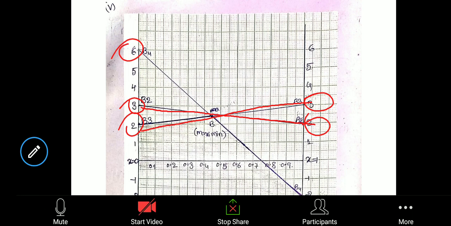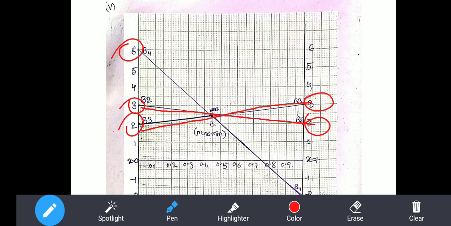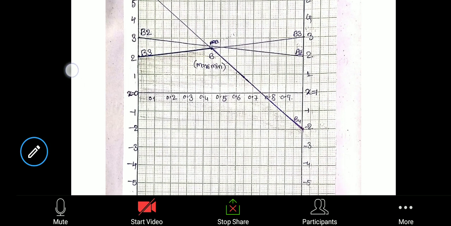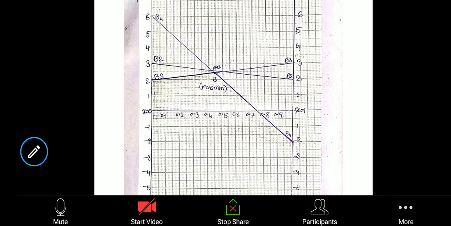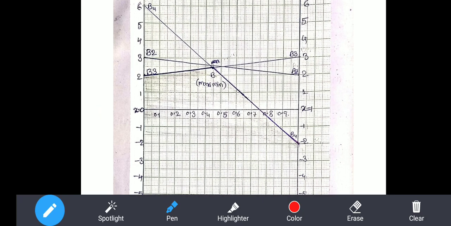Minus 2 will be here. Now you can join these 2 points, 6 comma minus 2. Our condition is to find the maximin portion. So the part below this will be the maximum, and I'm going to give the hatching below this part.